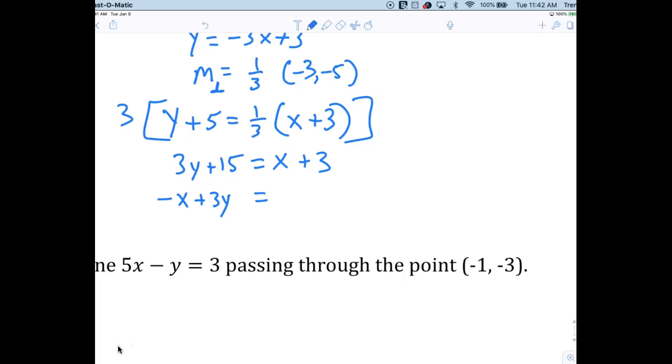And then what? So now what? Just tell me to change all the signs. So it becomes X plus -3y. Yeah. All right.